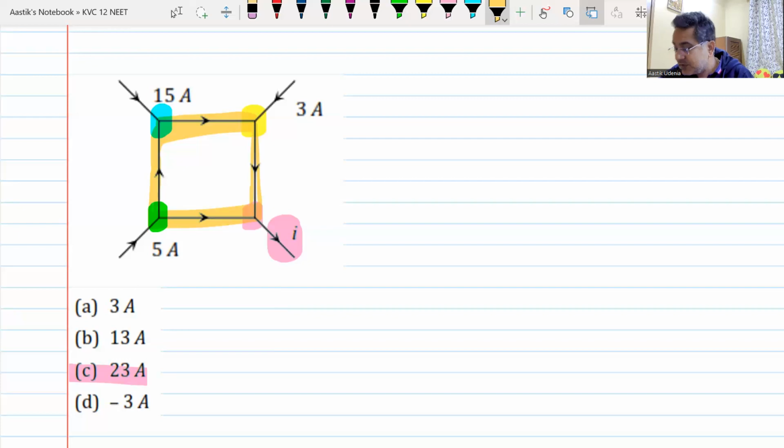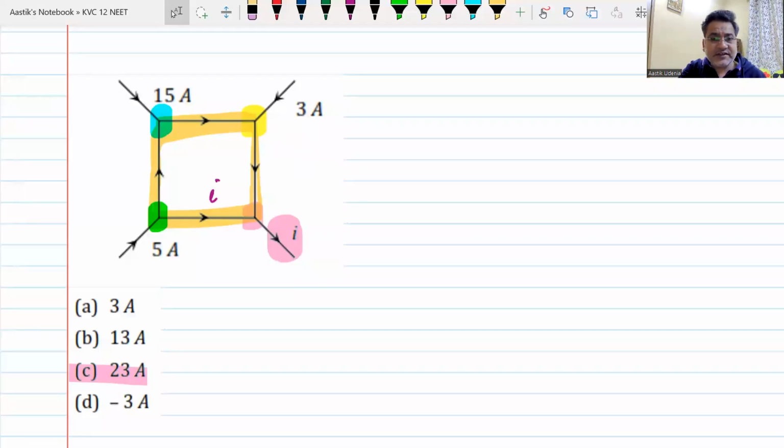Now, just to make you understand this, if I call this current going in this branch I1 and this current going in this branch I2, I will be equal to I1 plus I2.